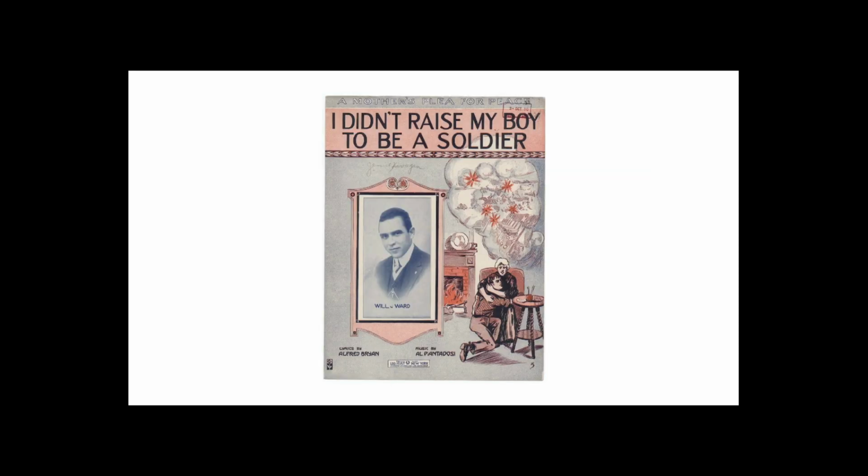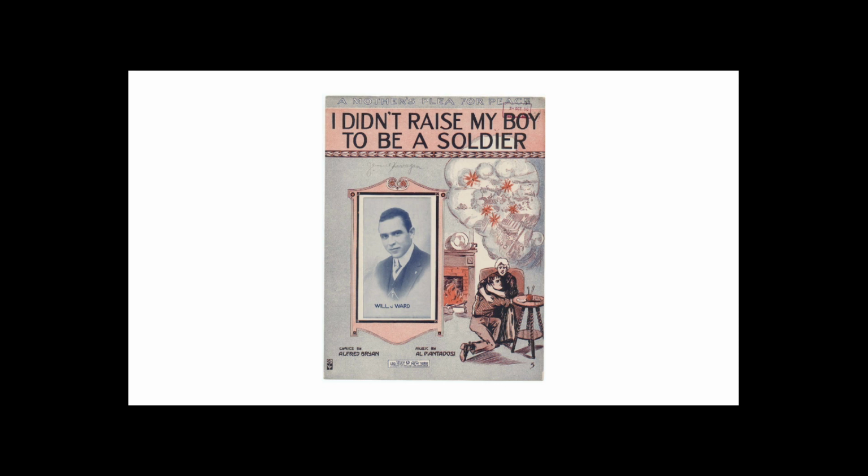And here's another example of a really good source type, but giving a little bit more background on how to actually find a good, accurate representation of the source. This is a song, clearly an anti-war song, as you can see at the very top there, A Mother's Plea for Peace.